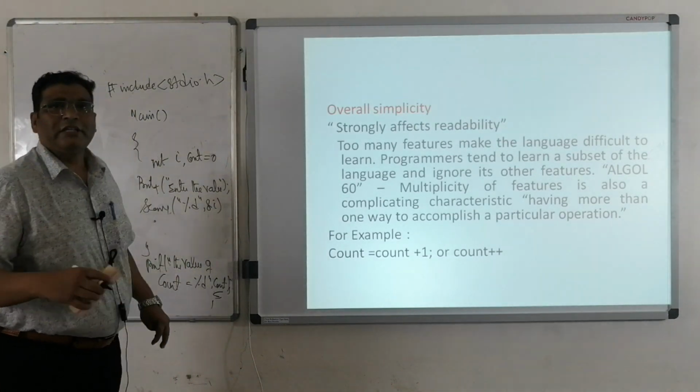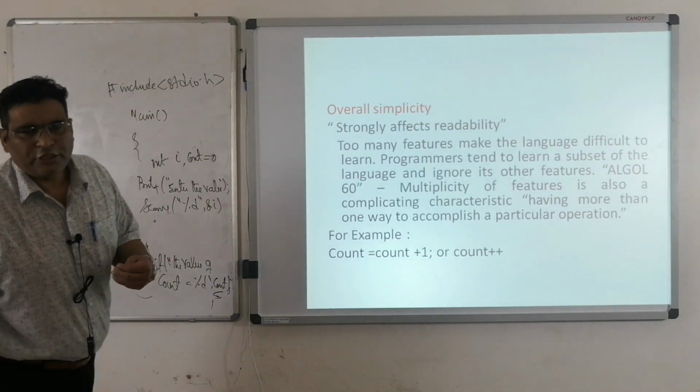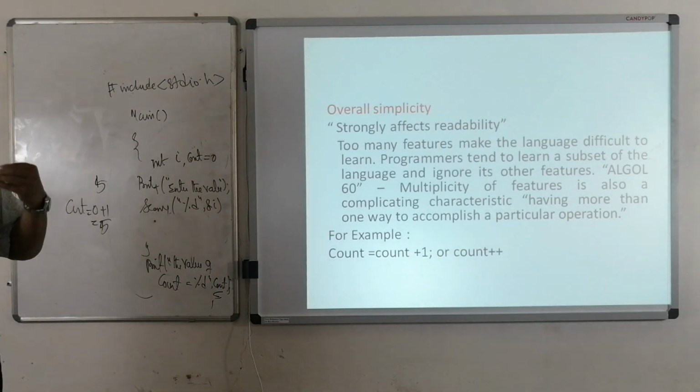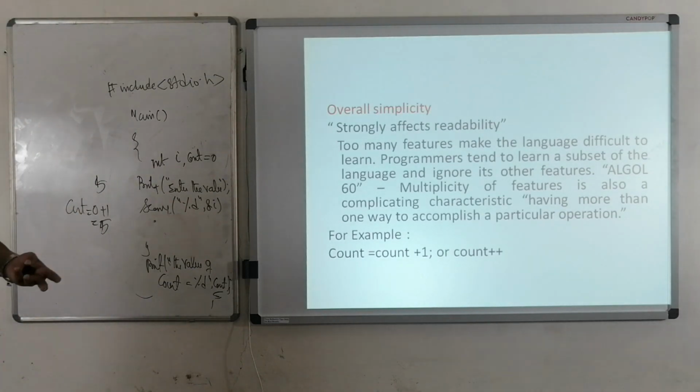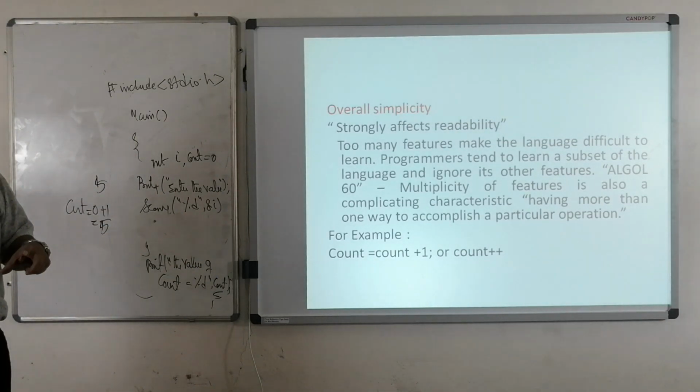So there are different ways to write the program. For example, if you are coming to college, you can come by bike, that's fine. There are different ways to come to college. You can come by bus, by bike, or by walking. These are the different examples. If you can write one program in different ways, that is important here.